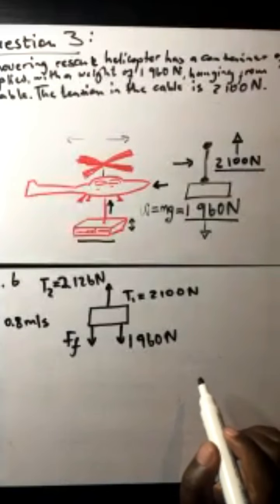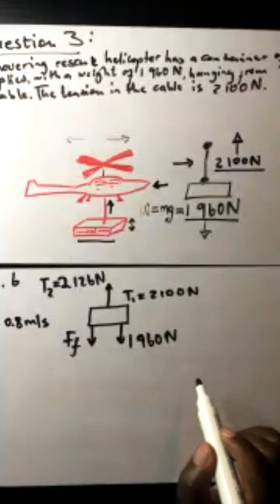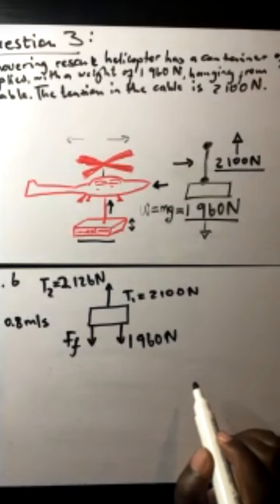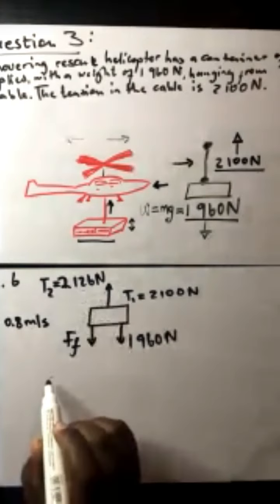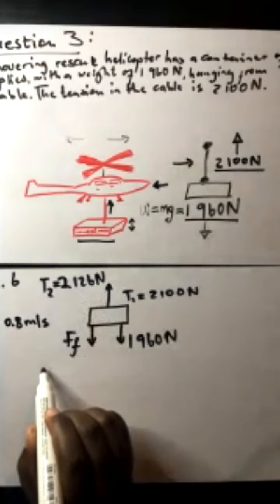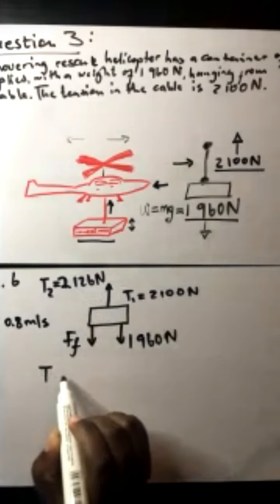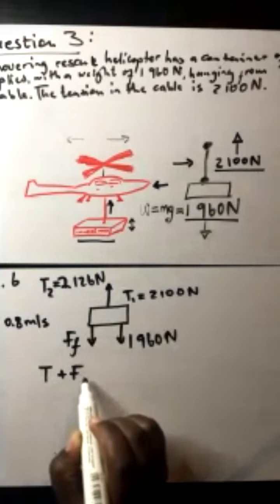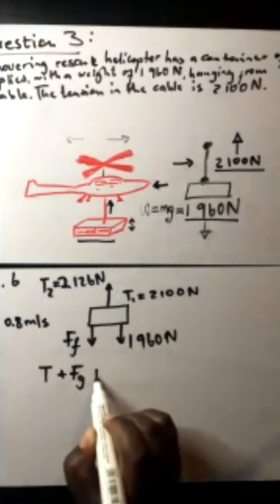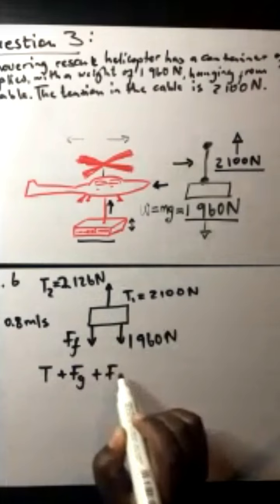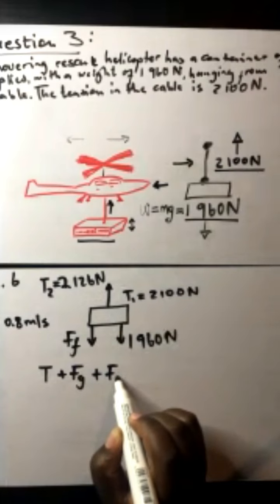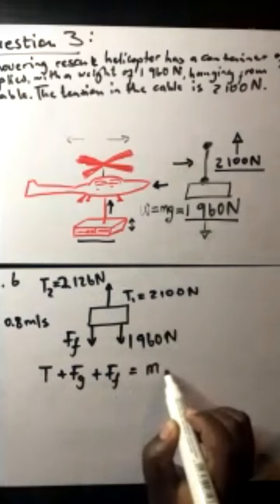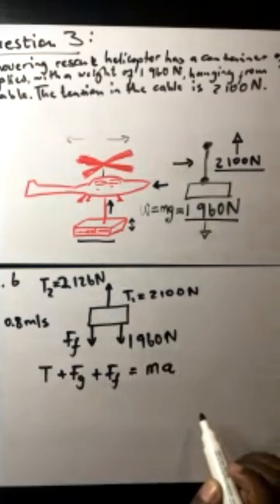So this is a very interesting question, guys. Remember, we had our formula where we said we've got tension plus force as a result of gravity plus force as a result of friction, and this was equals to MA.